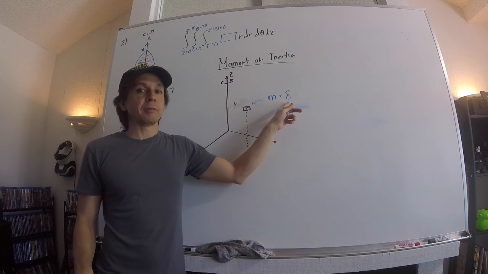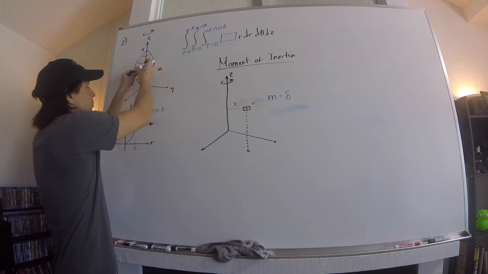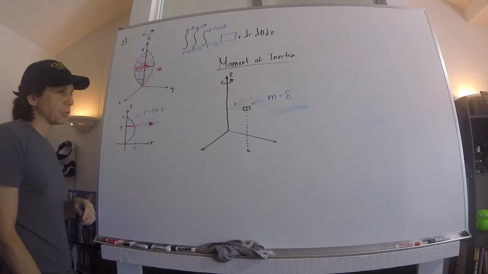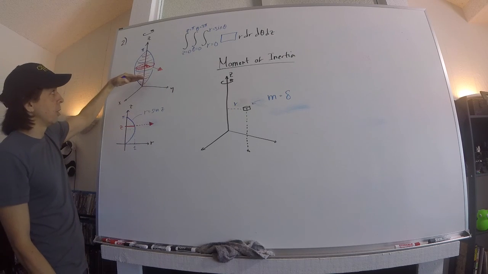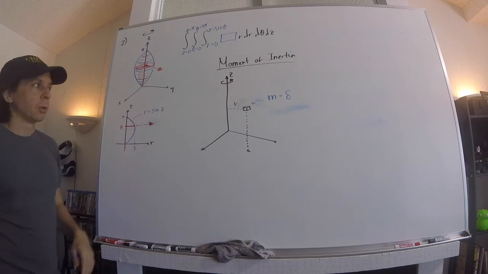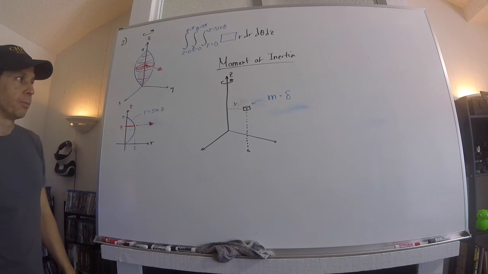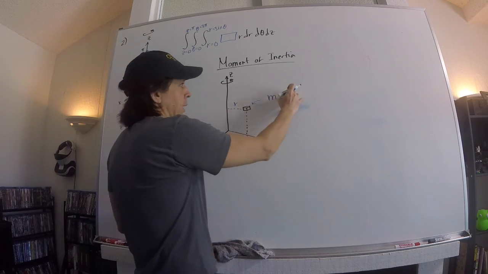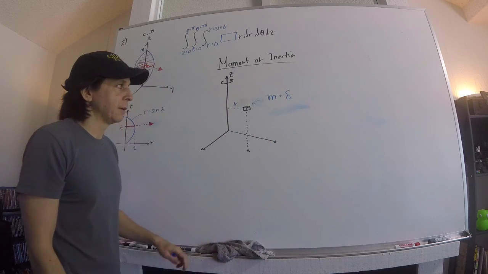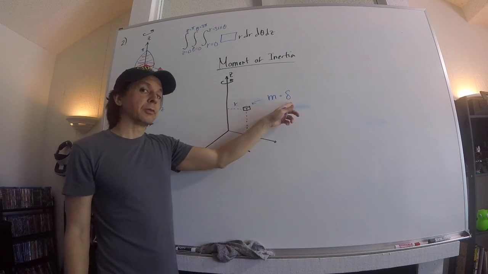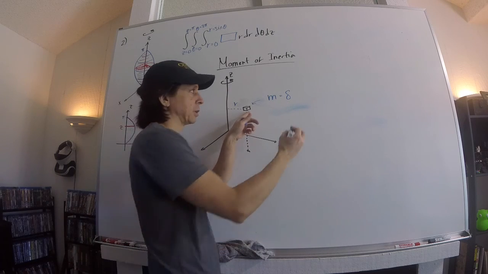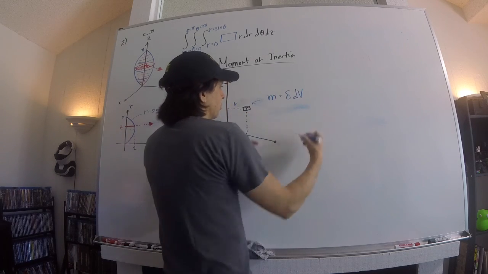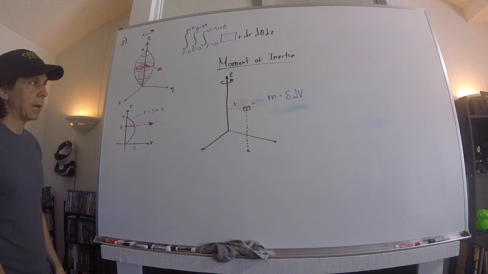Sometimes density can be given as a function where it's denser in the middle and not as dense on the outside, or vice versa, or denser on the bottom and less dense on the top, where it's wobbly football. But a lot of times it'll give you constant density, so delta is a constant density, and your mass is going to be the density times the volume of that little piece, that little box of mass.